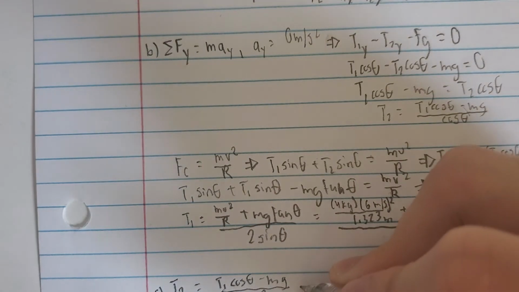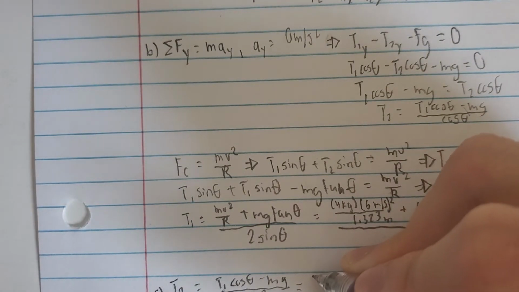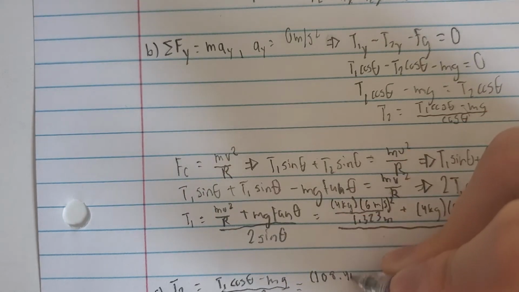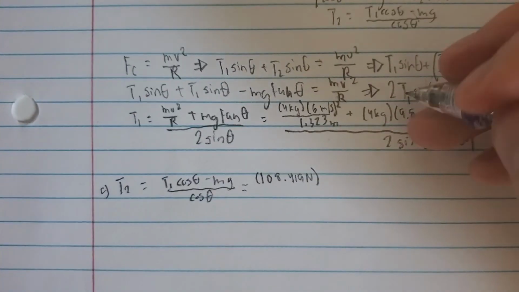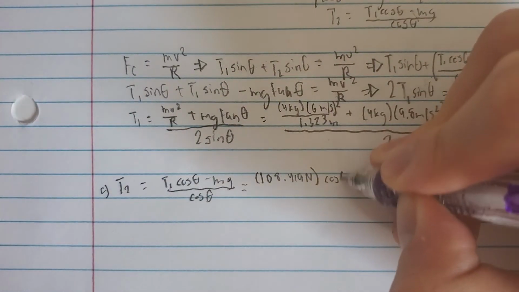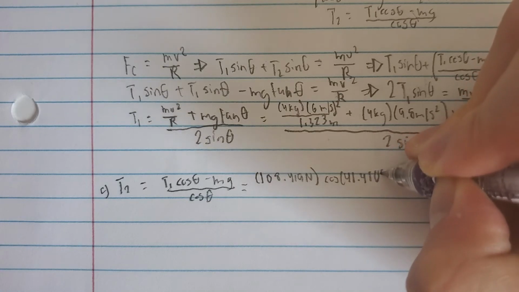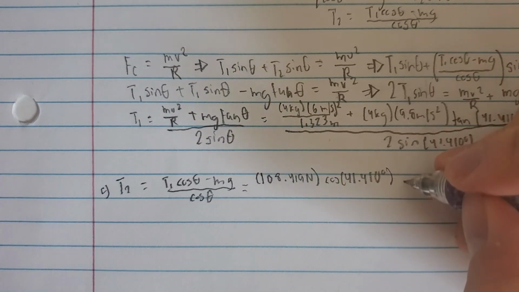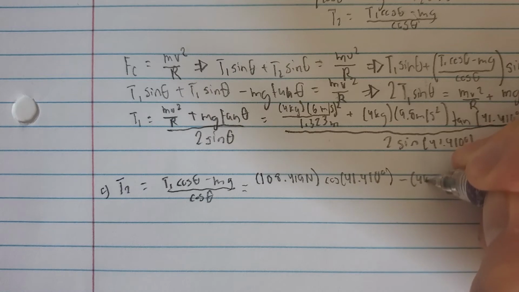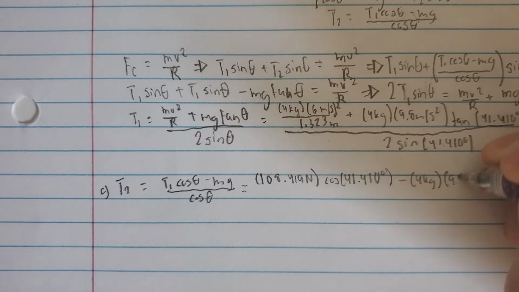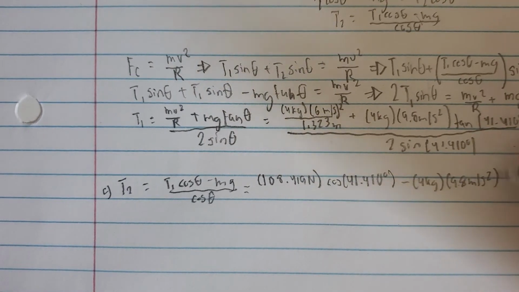Plug in my numbers. My T1, I just found to be 108.419 newtons. Cosine of 41.410 degrees. Mass is 4 kilograms. Gravity is 9.8 meters per second squared.